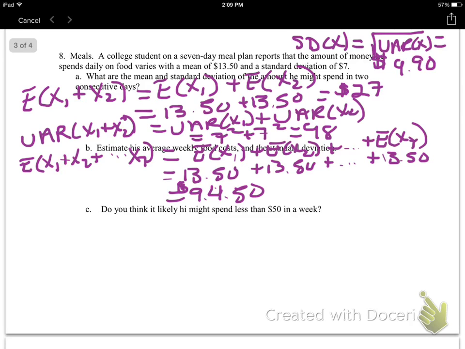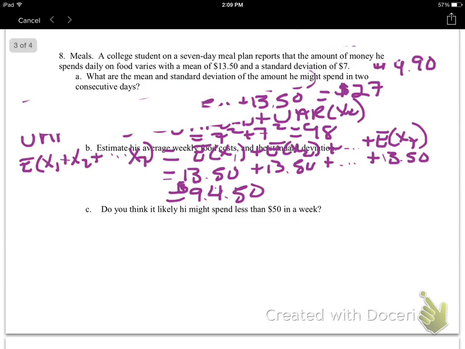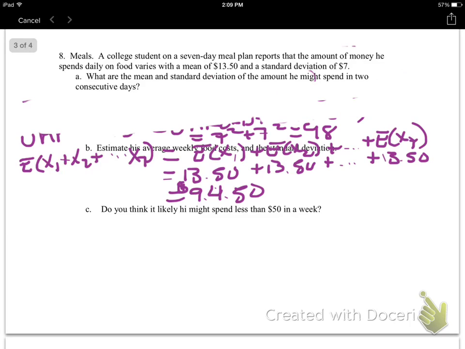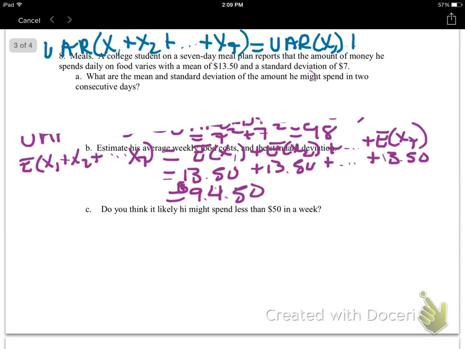Now let's go do standard deviation. So I'm going to erase this here, and I'm going to change my colors. So the variance of X1 plus X2 plus dot dot dot plus X7 is equal to the variance of X1 plus the variance of X2 plus dot dot dot plus the variance of X7.